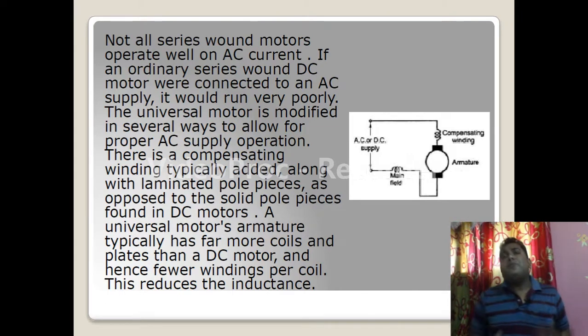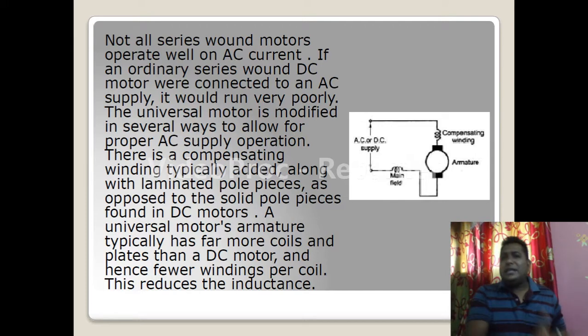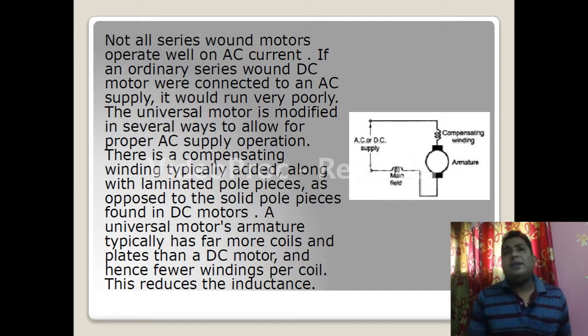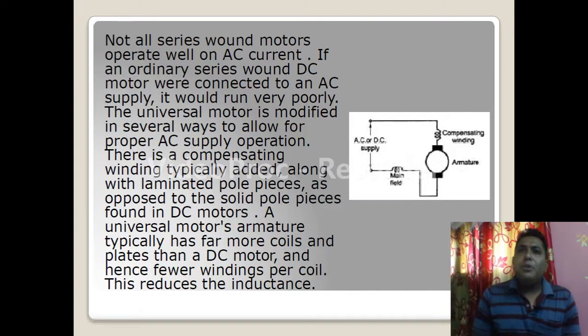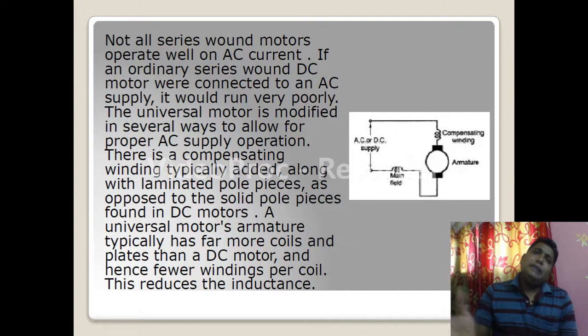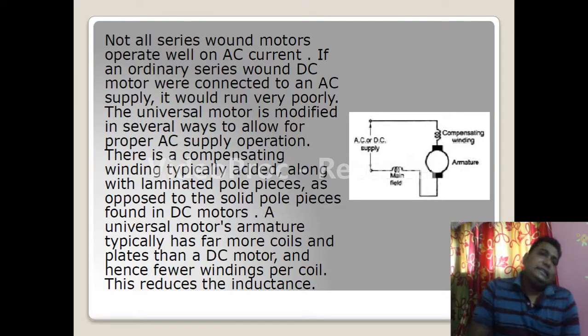So to improve this, in universal motors we use the compensated winding so that we can reduce the armature reaction. To improve the power factor, we also use the compensated winding. Then we want to reduce the reactance of the coil.